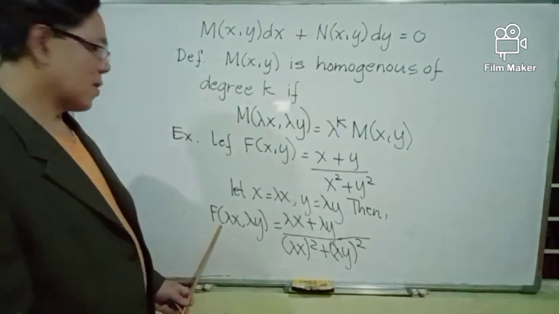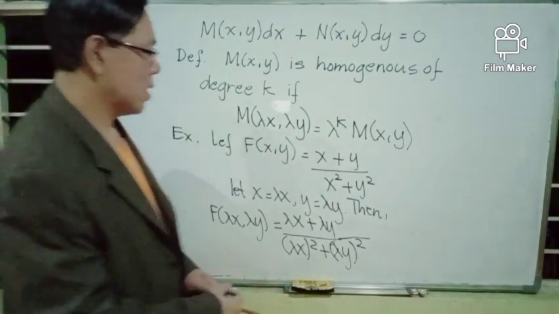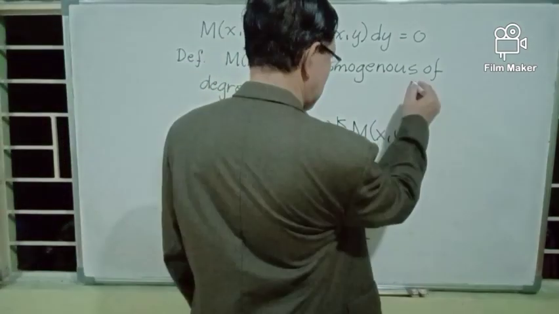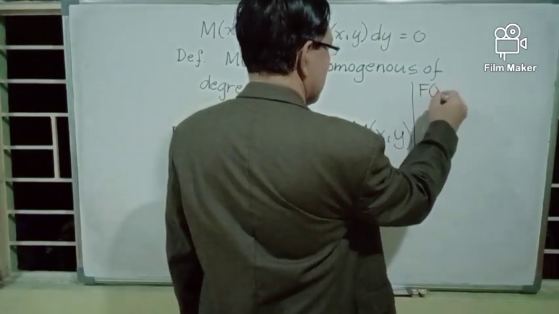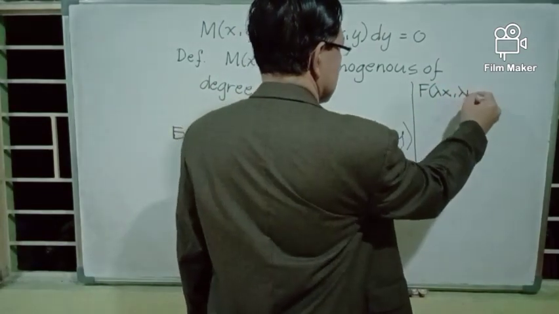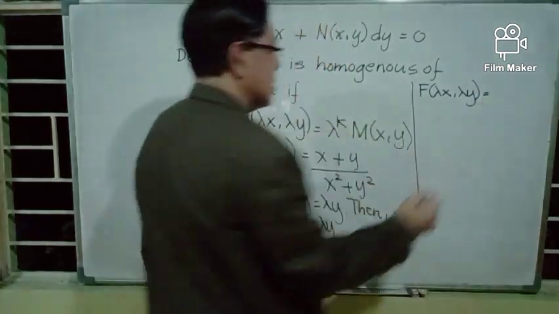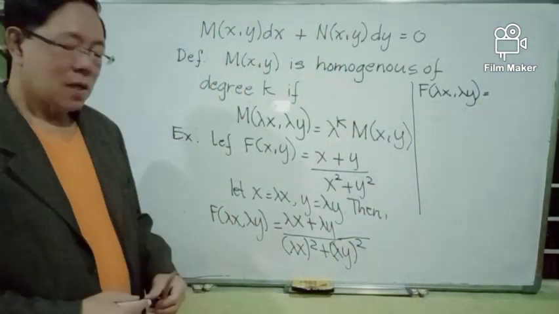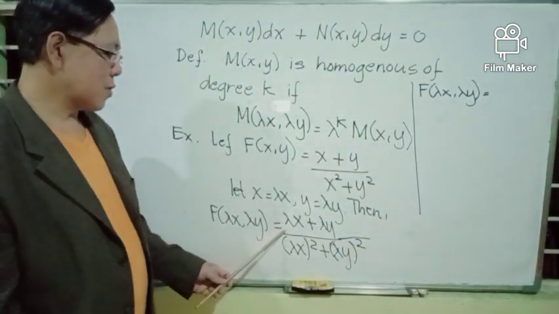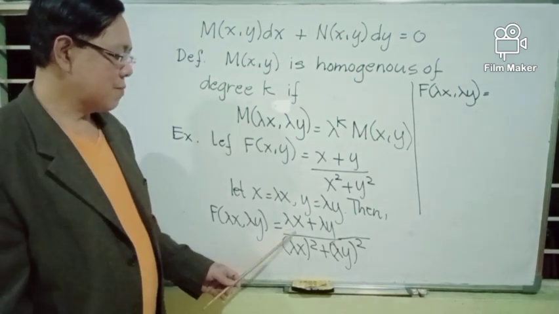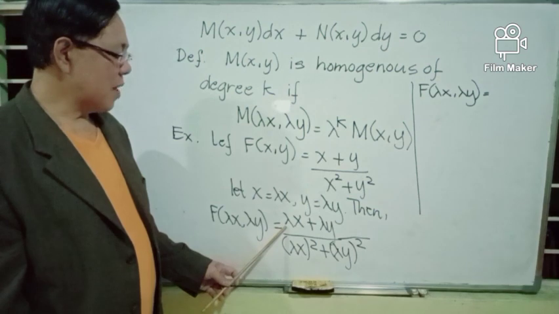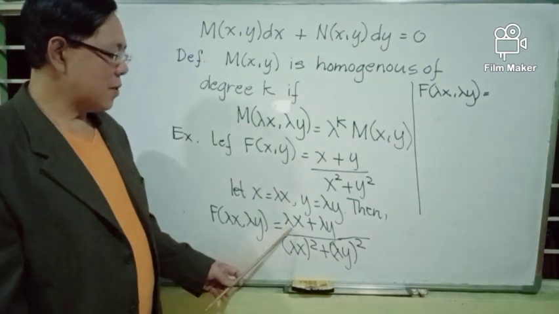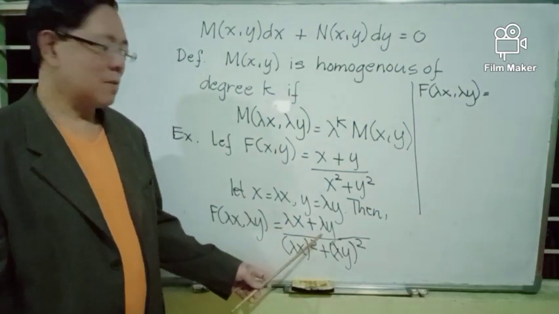At the left hand side we have f of lambda x, lambda y. At the right hand side in the numerator, you can see that lambda is a common factor. Thus, we factor out lambda from the first and from the second term.